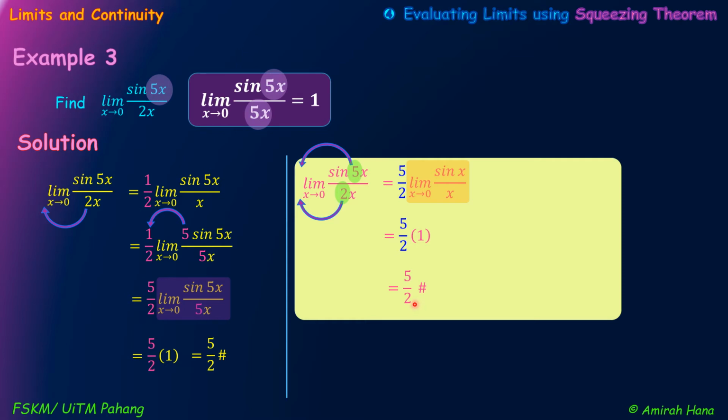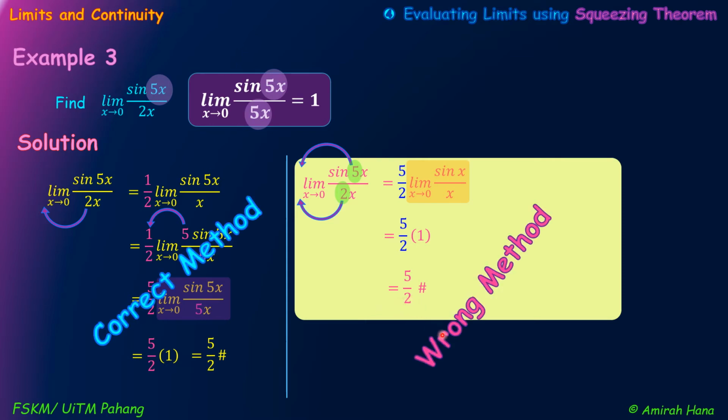But this technique is actually a wrong method. This is the correct method, but this is the wrong method. Why? Because we cannot adjust the angle of sine. Remember, please be careful.